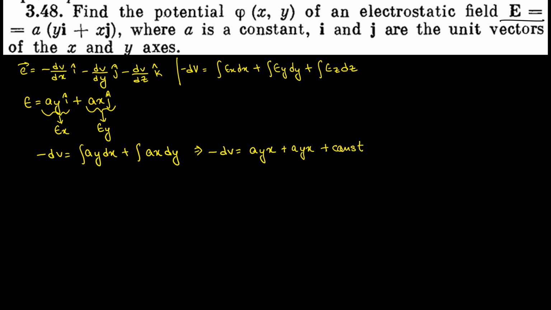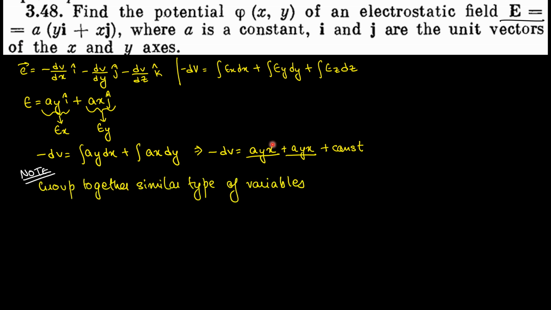Now, whenever you have similar kind of variables, your basic intuition would be Ayx plus Ayx is equal to 2Ayx, but that is not the correct way. Whenever you have similar kind of variables, group them together. That means this Ayx would be written only once. So if I integrate this, it would be minus V is equal to Ayx plus some constant.